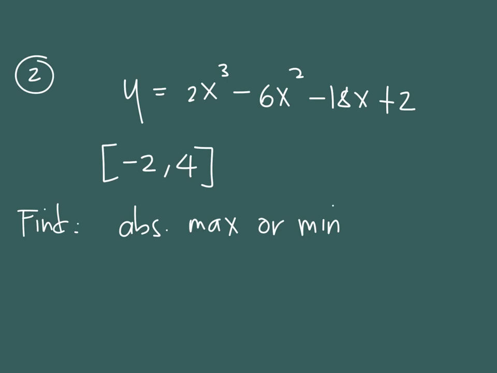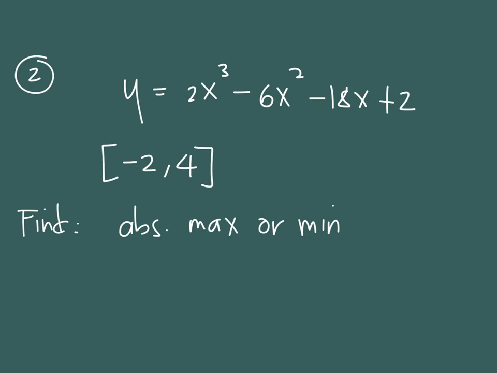So it will be cut from negative 2 up to 4. The question is, find the absolute maximum or minimum at this closed interval. So in the first one, there was no restriction. Let us see how we are going to apply the derivative test for restricted domains, in particular in a closed interval.